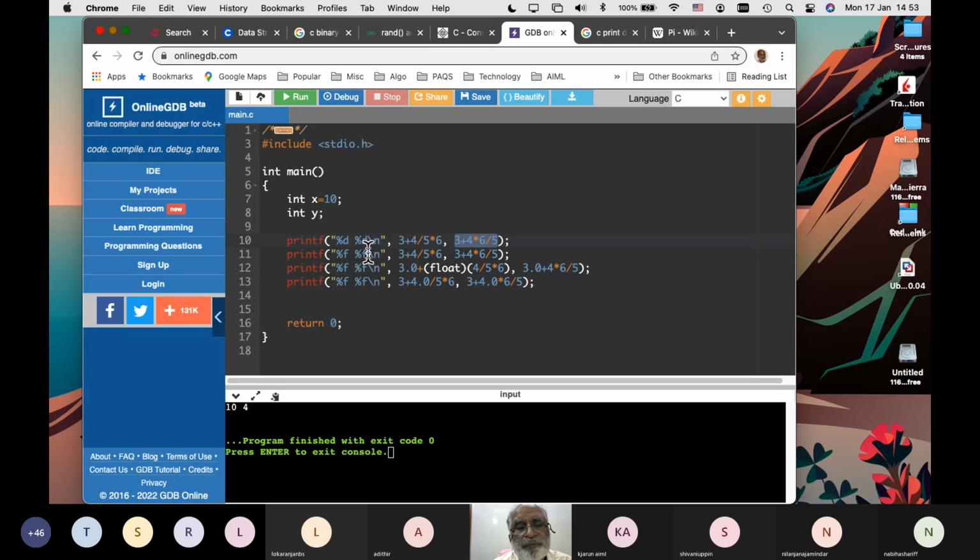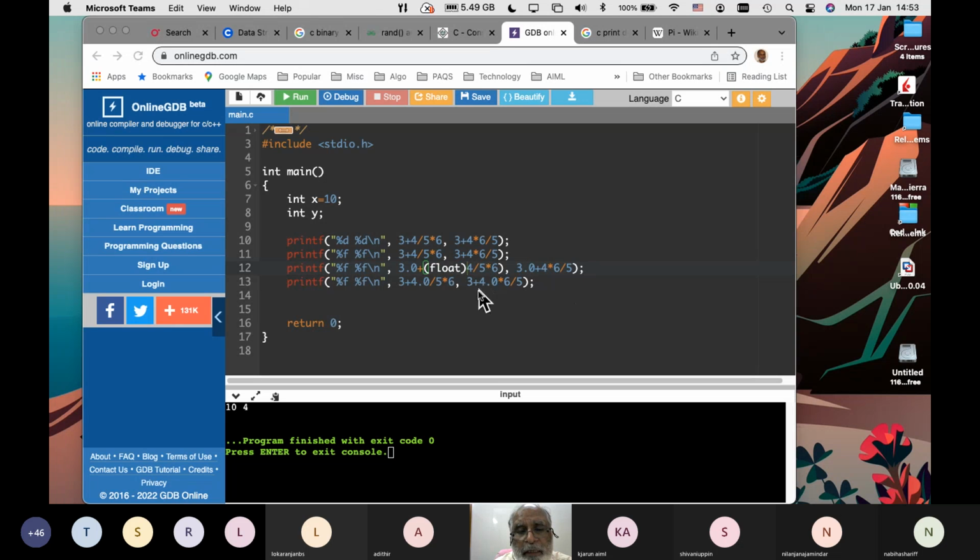In this case, I'm converting this to float. The whole thing is evaluated first and then converted into float, so it doesn't make a difference. But if I were to do the following, I'm typecasting to float, and then you would see the answers.